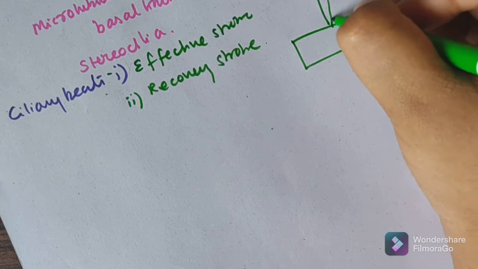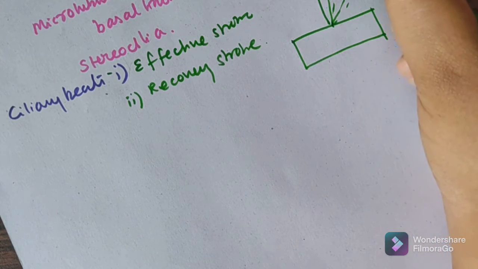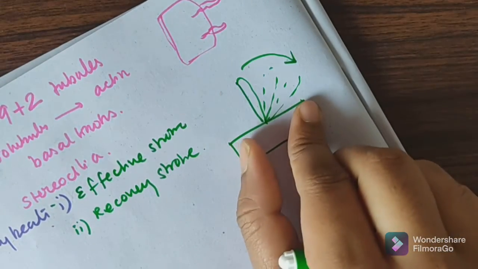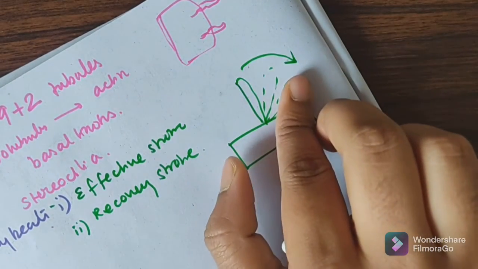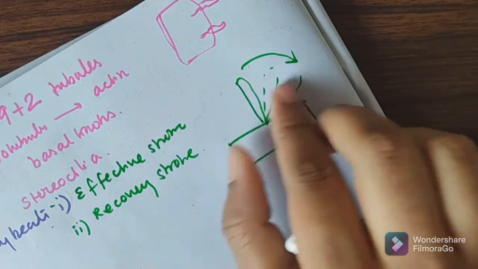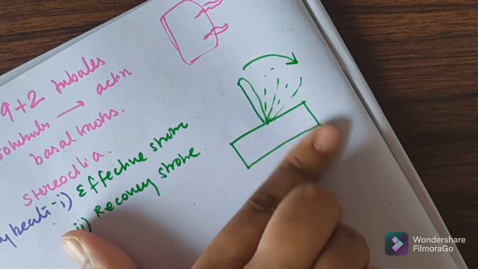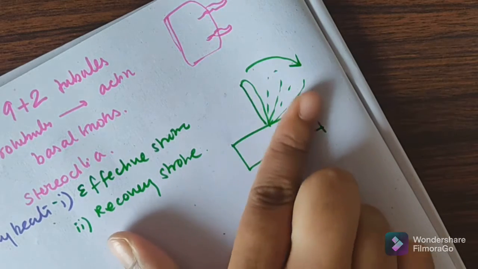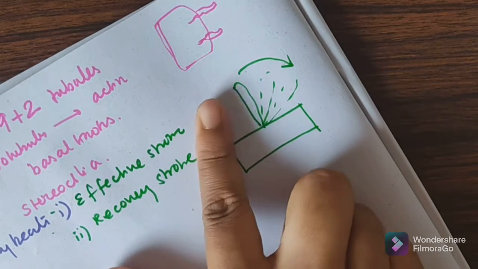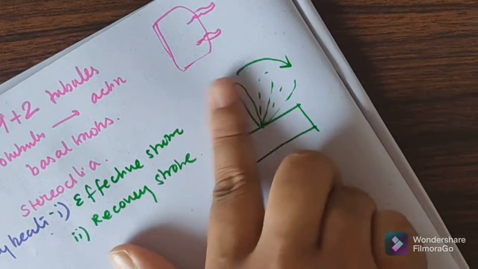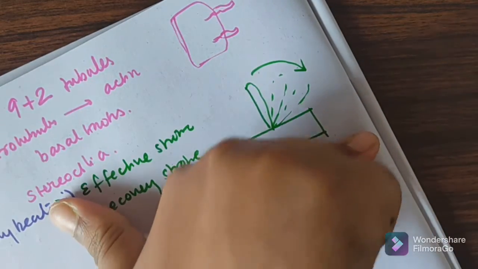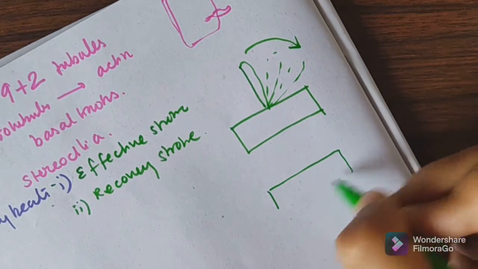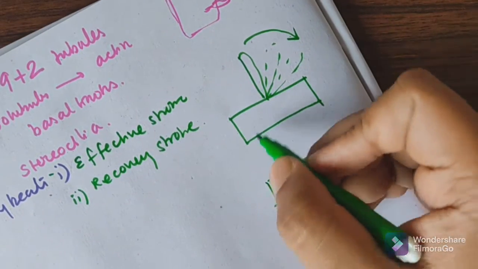Suppose this is a tubule, and when it gets directed in this way while contracting, in the effective stroke the cilium bends at the base. It bends near the base, but the shaft remains stiff. During the recovery stroke, the wave of bending of the cilium extends from the base to the tip until it regains the original position.